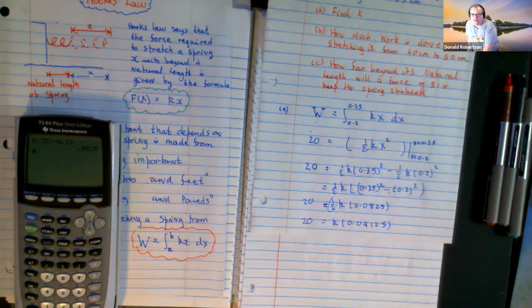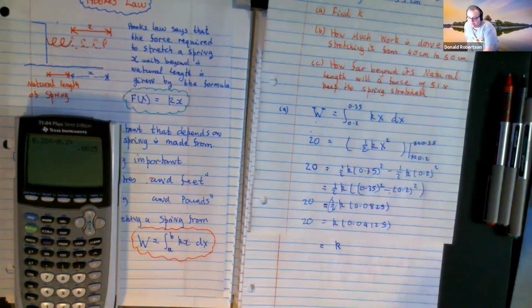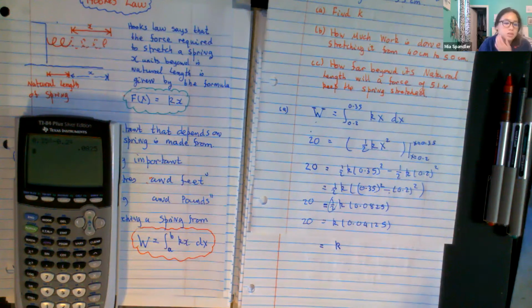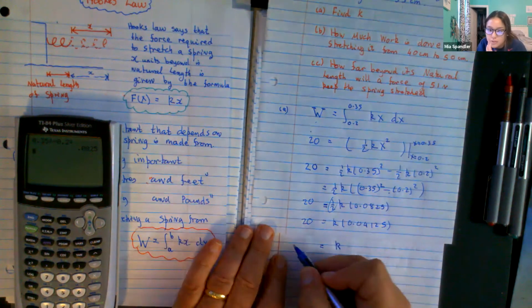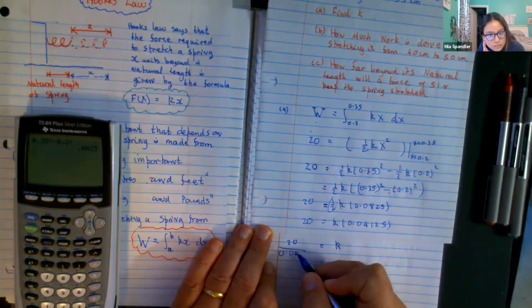Okay, we're dead close to getting K, aren't we? I know it took a while, a lot more than the last time, but how will we get K? Divide each side by that value of 0.04125.